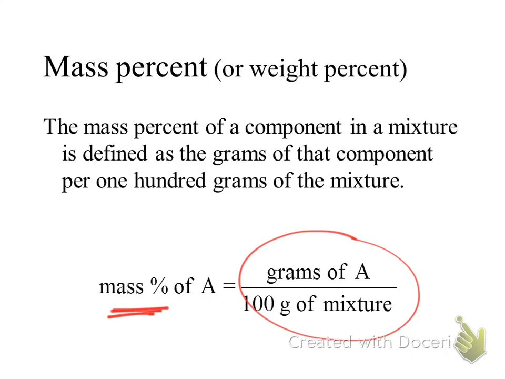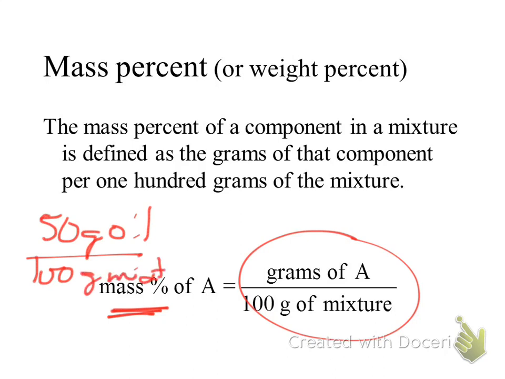So there's a component of interest, whether that's salt or oil, and then there's the mixture. So if somebody says it's 50% oil, then that means there are 50 grams of oil in 100 grams of mixture, whether that's chocolate or otherwise. Okay, that's kind of unpacking that percent information.